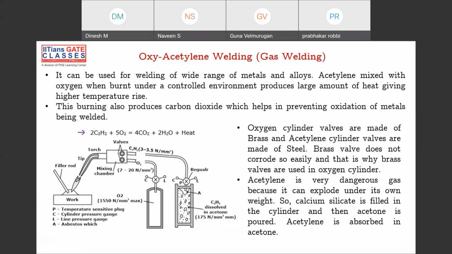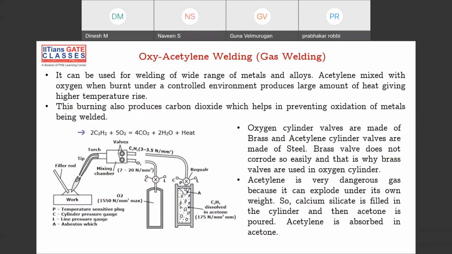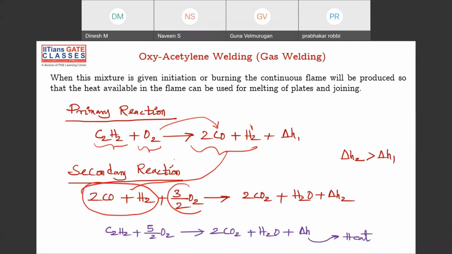Okay. Next. So these are the reactions that are happening. I've just written the final reaction here, but the reactions happen in intermediate stages. The primary reaction is C2H2 acetylene plus O2 giving 2CO carbon monoxide plus hydrogen, and this then mixes with some amount of extra oxygen, giving CO2 and H2O and the delta H, whatever.